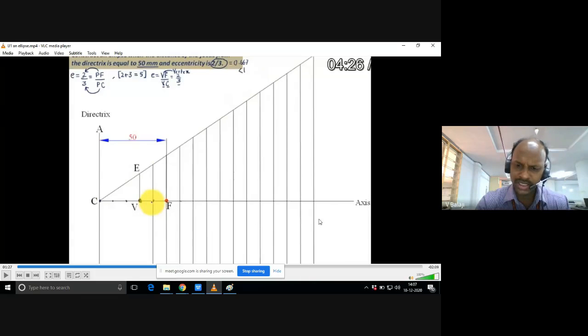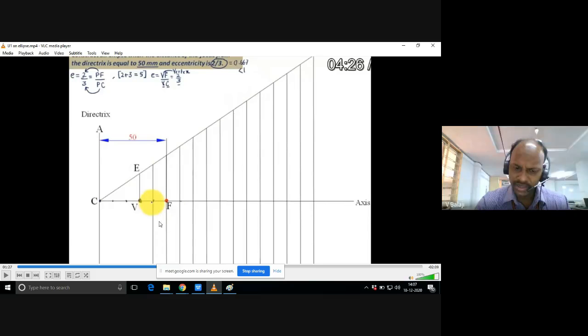These lines are all perpendicular to the axis. I have to start after the vertex, not before it. After the vertex, I can select any number of points 1, 2, 3, 4, 5, 6, 7, 8, 9, like that.